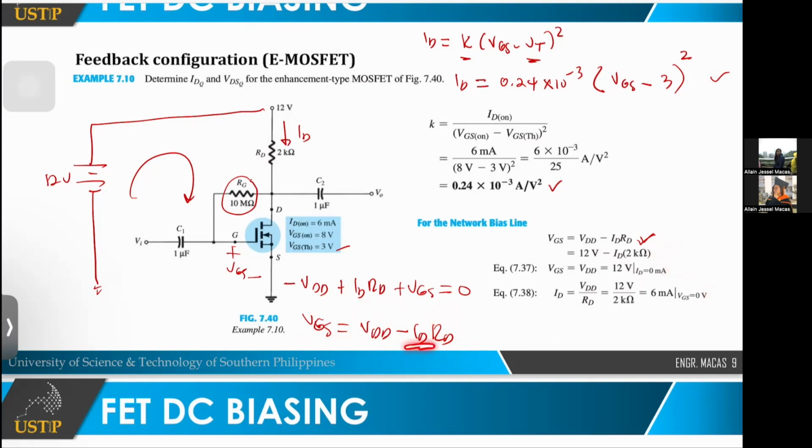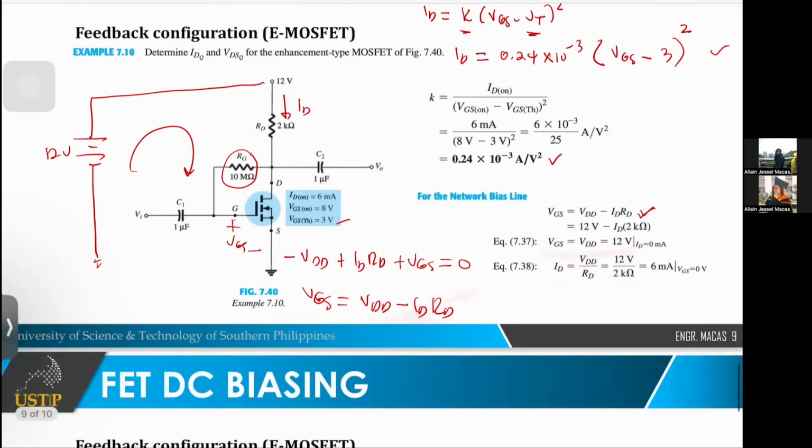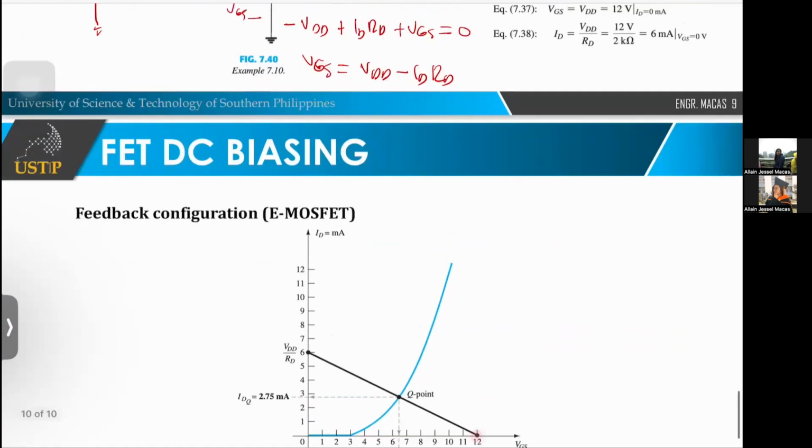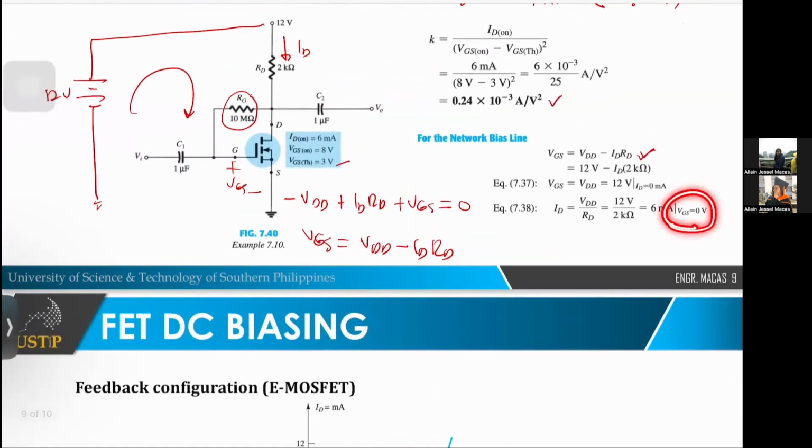Okay, when your ID is 0, 0 man no. So, meaning, imong VGS is 12, maunang na-adiri sa kani nga point. Okay? And then next, kung imong VGS is 0, makakuha kag Y-intercept. So, kung VGS is 0, imong ID nga makuha daw is 6 milliamperes.